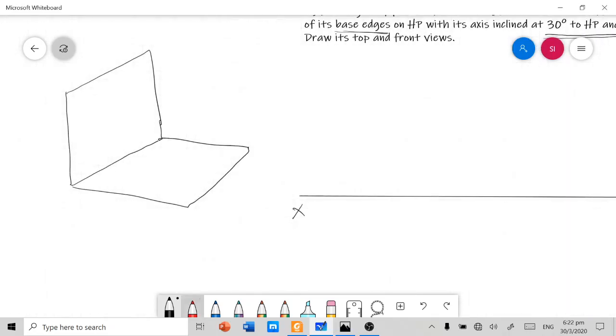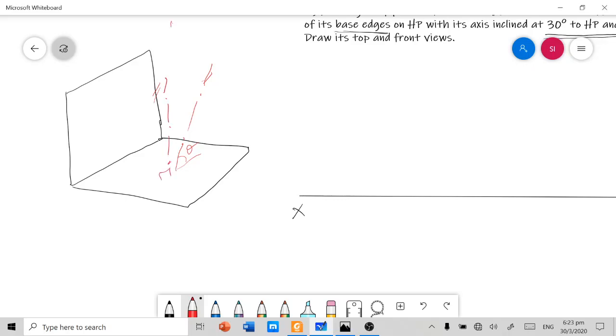In order to view the base in simple projection, for our convenience we need to make the solid straight, that is, the axis perpendicular to HP, for the time being.